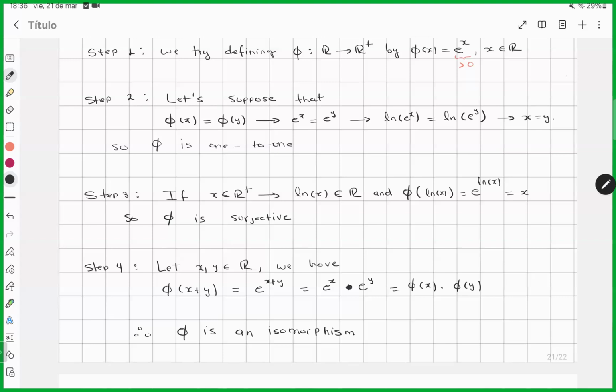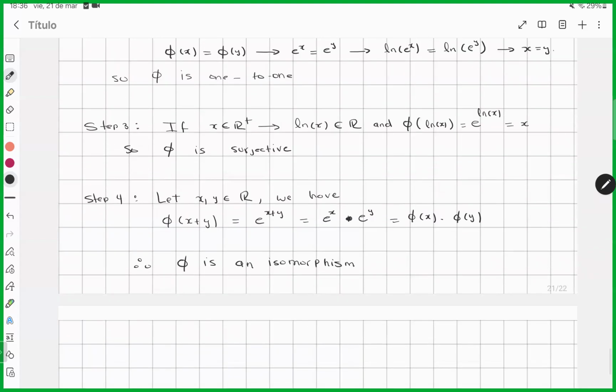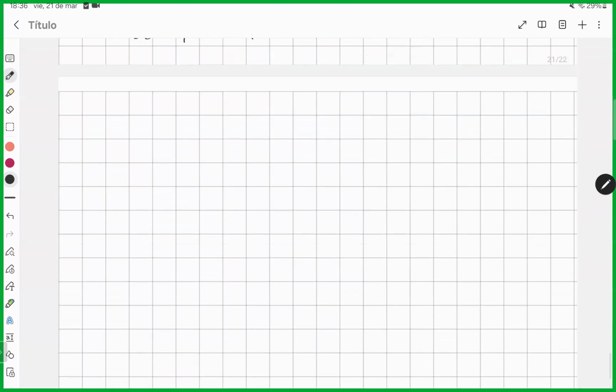Okay, similarly, let's see another example. Let 2ℤ be the set of all even integers.